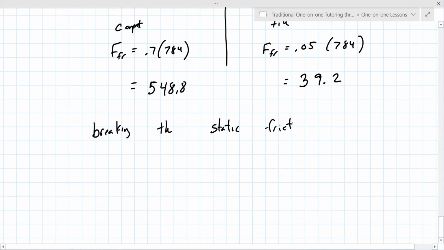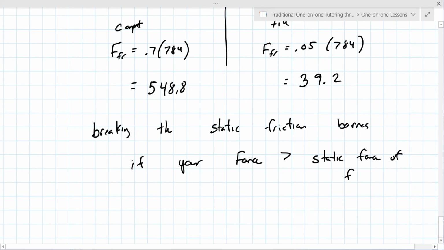And I'm serious, it's a real thing. If your force is greater than the static force of friction, so basically, is 100 greater than 548.8? No. So will it move? No.